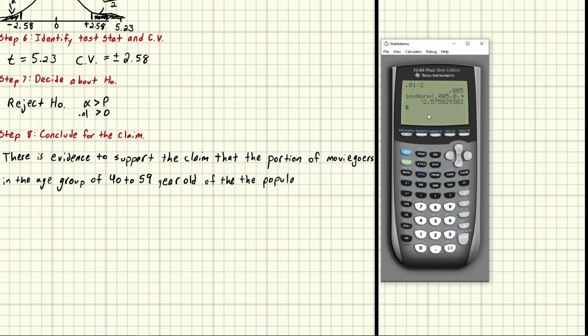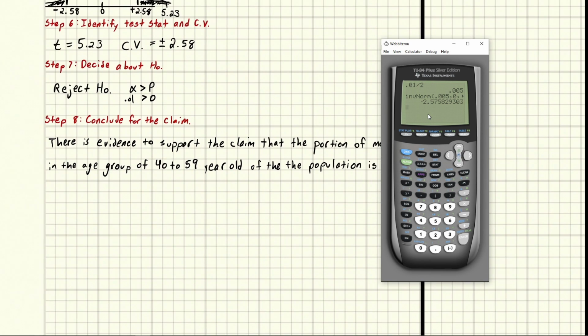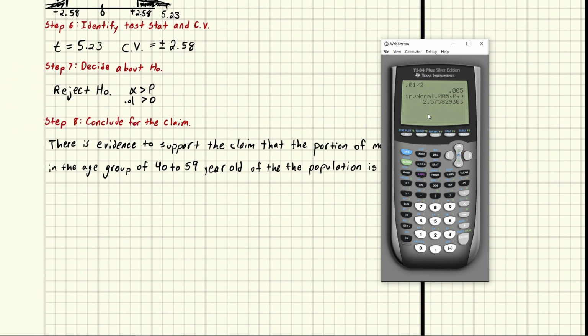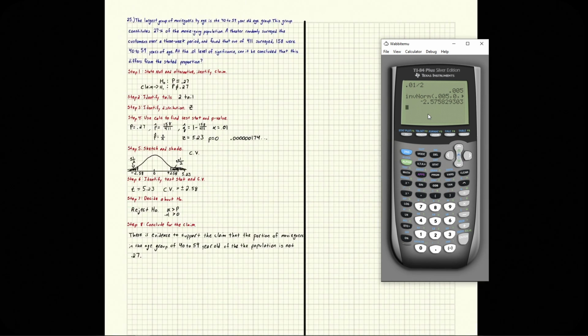I probably could have phrased this better, but oh well. Of the population is not 27% or 0.27. And that's it. So it's kind of a long sentence.